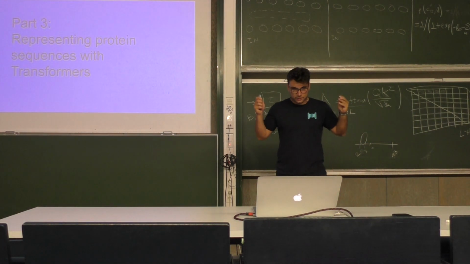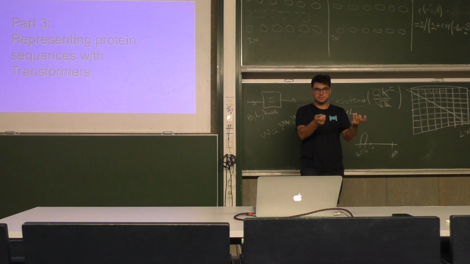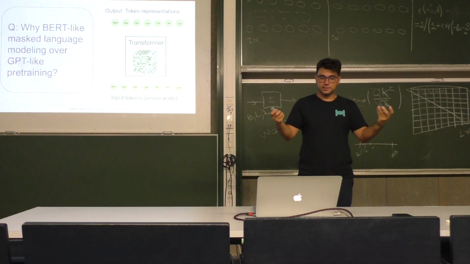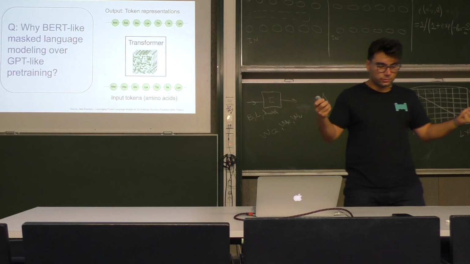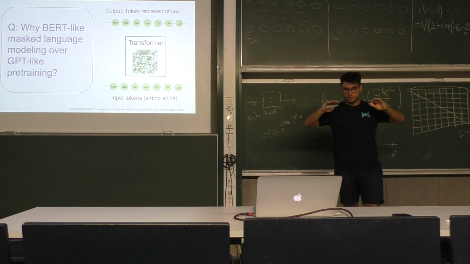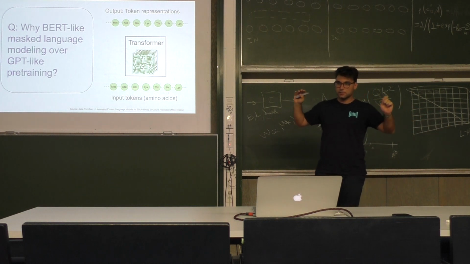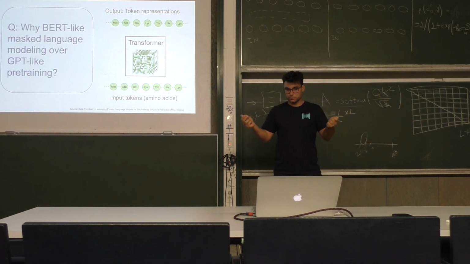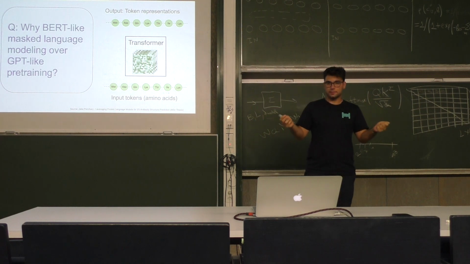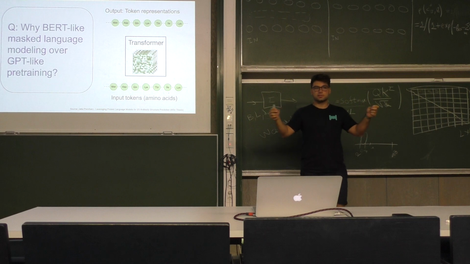So now we go back to the transformers. We have the transformers, we have the input amino acids, and we want to see what's happening during pre-training. So now we ignore all the targets, these contact maps and distance maps that are much more costly to acquire, and we stay just on the sequence alone.